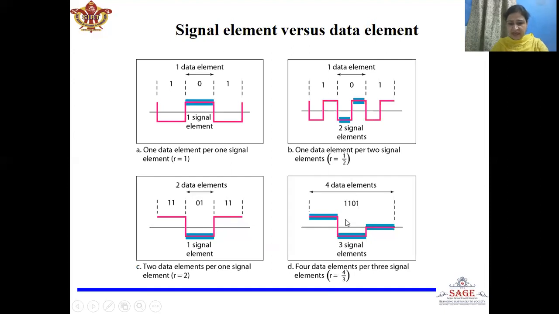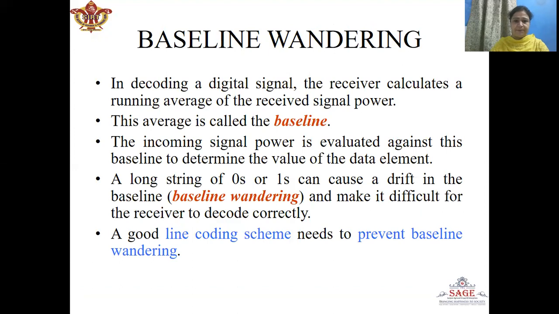Now in the last example, we can see the data element 1101, which consists of 4 bits. So there are 4 data elements. This information is represented by 3 voltage levels, that is high to low to 0. So in this case, there are 4 data elements per 3 signal elements. So small r is given as 4 by 3.